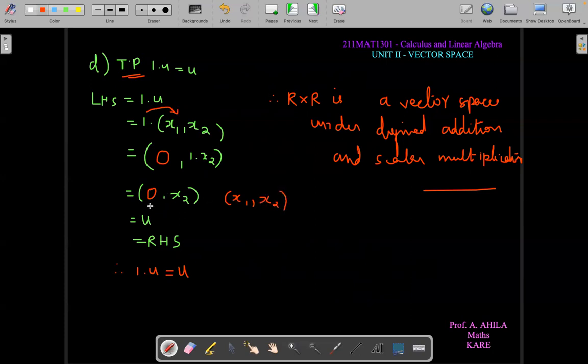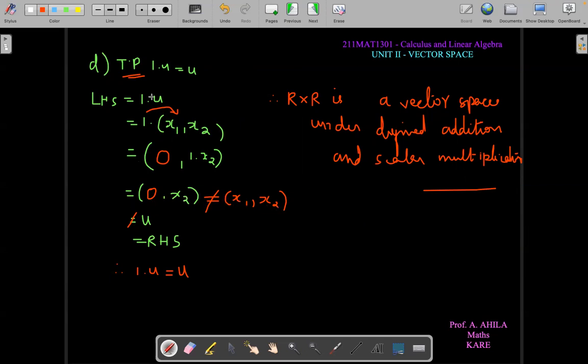But it is sure that 0 comma x2 is not equal to x1 comma x2. Right? So this is not equal to u. We are getting 1 into u as 0 comma x2. We need to prove 1 into u equal to u. We check, okay? But we are getting 0 comma x2 which is not equal to x1 comma x2.